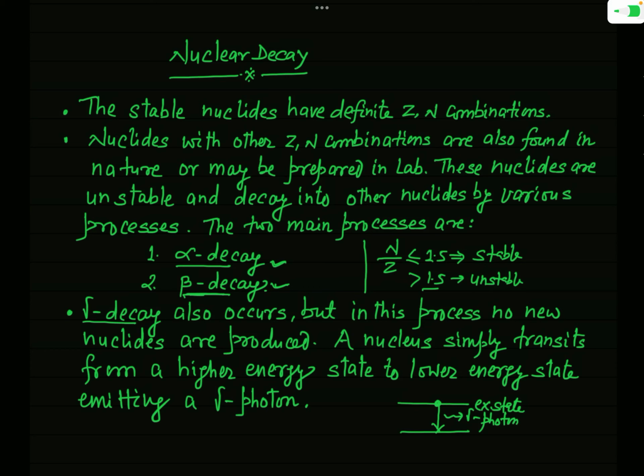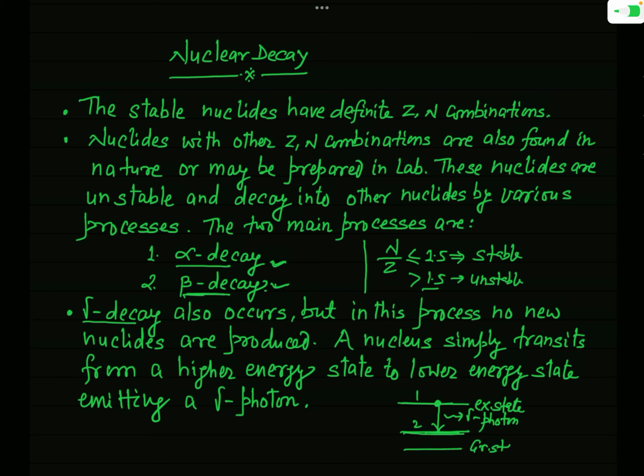This energy level may also be an excited state, but compared with the first state, the energy of this second state will be smaller. And finally, our nucleus returns back into the ground state.